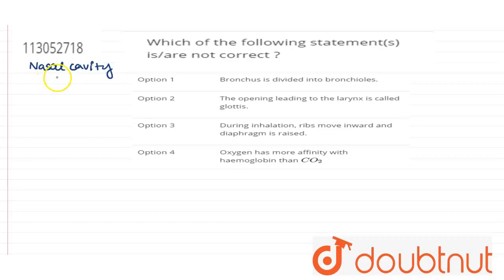From the nasal cavity it goes to the pharynx. From the pharynx it goes to the larynx. Before going to the larynx, it passes through an opening which is named glottis. From the glottis it goes inside the larynx. Now from the larynx it goes into the trachea.